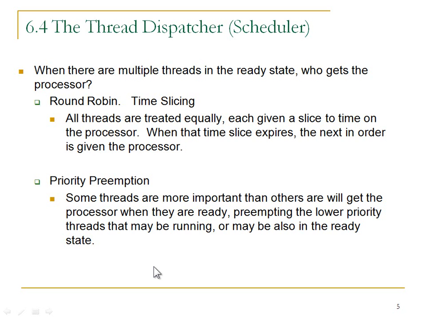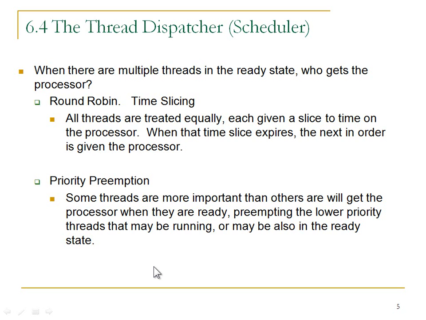So time slicing is very equitable, and it's quite easy to work with. You just make a bunch of threads and you throw them all in there, and they all get some time to execute, and it looks like they're all doing stuff at the same time. So time slicing is the easy one for the programmers, but it gives the programmers less control.